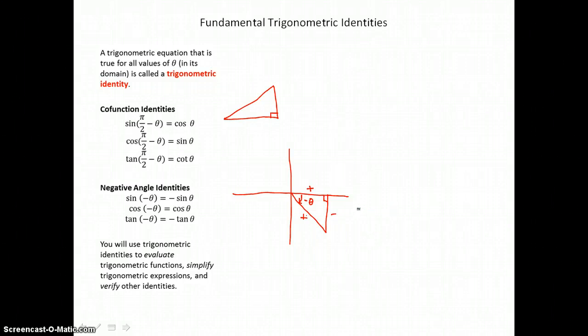So, applying the definition of sine, opposite over hypotenuse, negative over positive, we find out that the ratio for sine is negative in the fourth quadrant. Cosine is adjacent over hypotenuse, positive over positive, so the cosine ratio is going to be positive. And the tangent is opposite over adjacent, negative over positive, or a negative ratio.